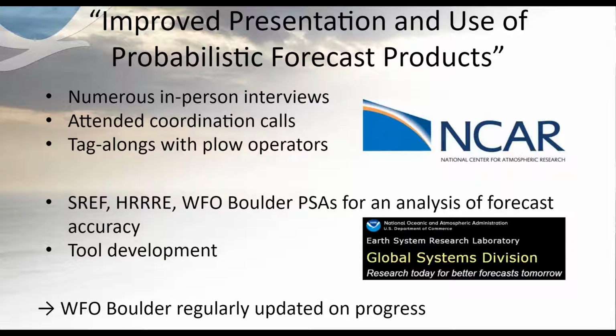They did a project over the past year, and I've got the title right there on the slide: Improved Presentation and Use of Probabilistic Forecast Products. NCAR's role clearly was on social science. They conducted numerous in-person interviews. They went straight to the airport and talked to several planners, in other words the people in the DIA EOC who make the call on what staffing level to use based on a forecast.